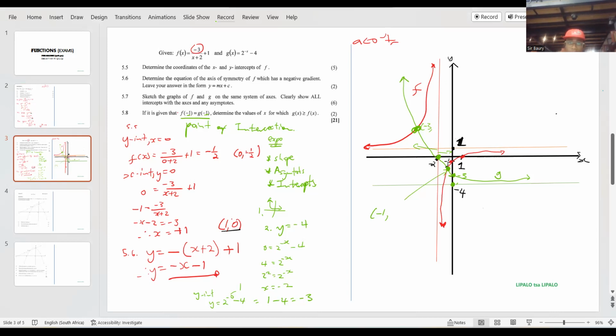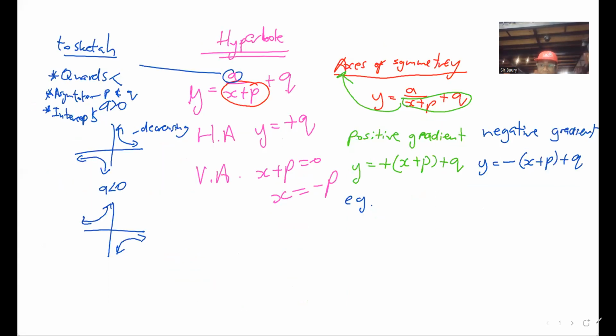So now to analyze this question, what do they mean when they say this? Let me show you something. What are they saying to you?